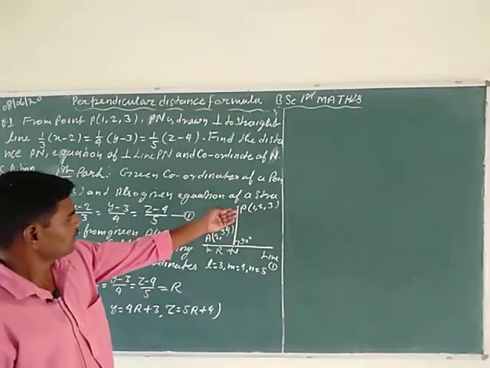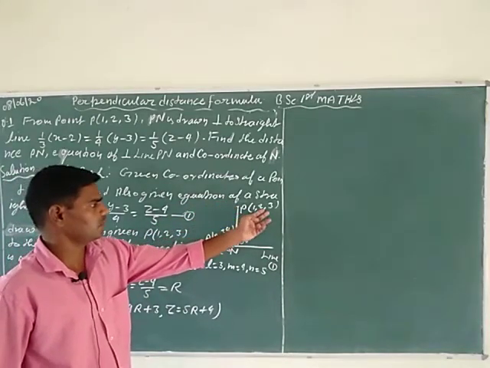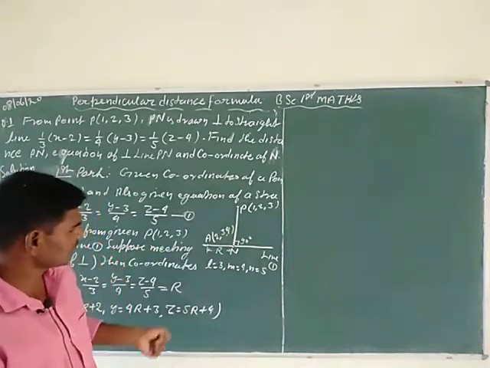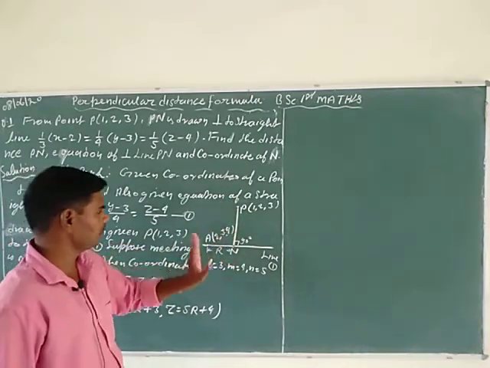These are the coordinates of the foot of perpendicular N, and it is given that the coordinates of P are 1, 2, 3. So first calculate the direction ratios of the perpendicular line PN.